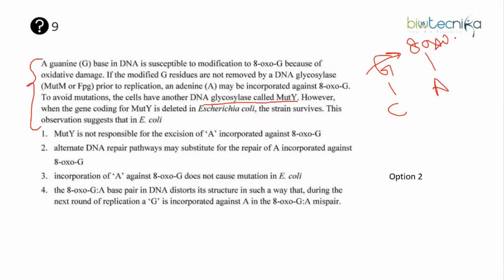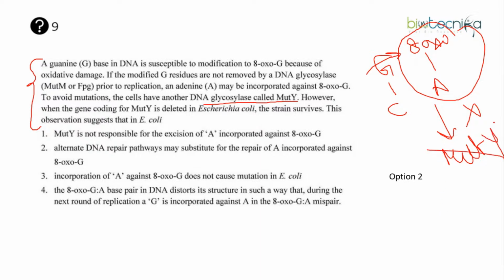If this exists, the cell will die. Who can repair this? MUT-Y, right? Now we find that MUT-Y is also mutated, not present. Still, the cell is surviving.